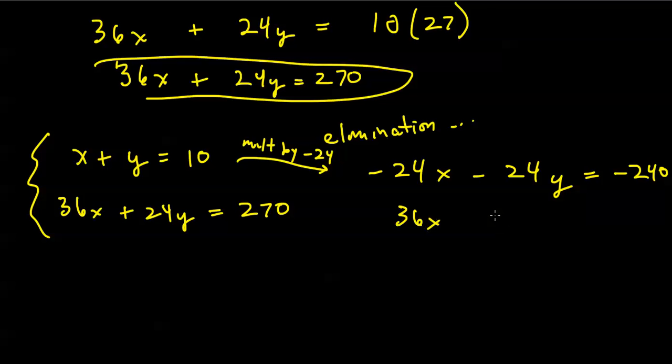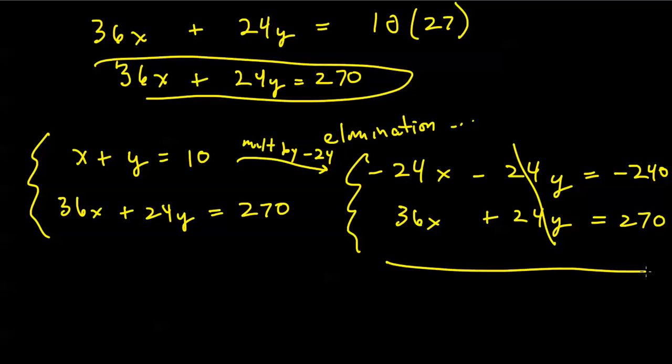Of course, then I'm going to add that to the bottom equation. We see a nice setup to eliminate the y variable here, right? Adding these two equations, I'll get a 12x in the first column plus 0, of course, equals 30.